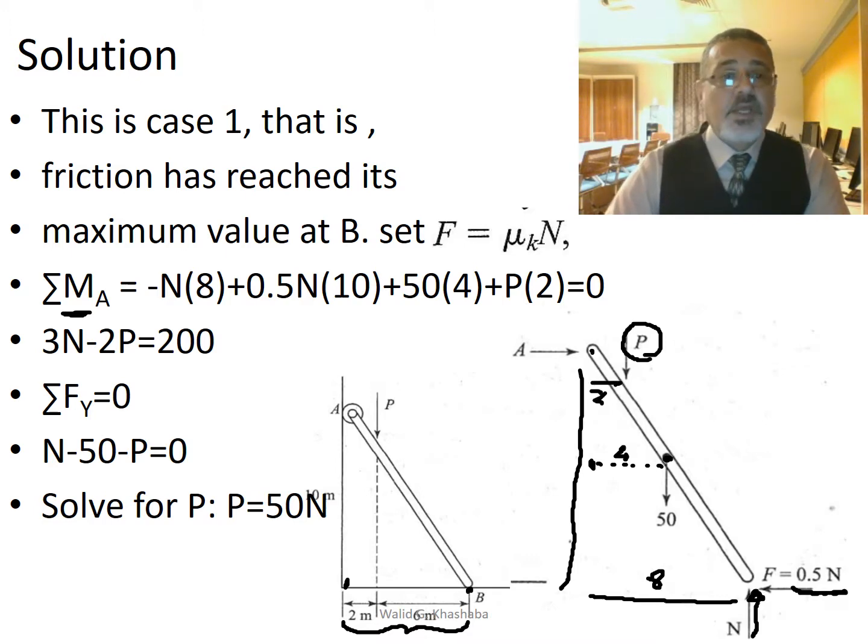So we have this first equation, which is 3N minus 2P equals 200.